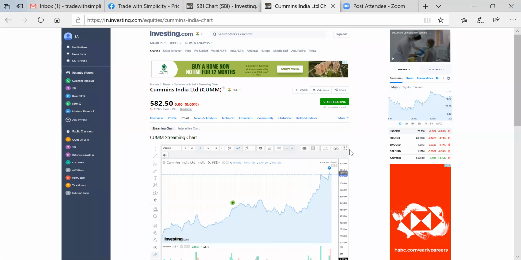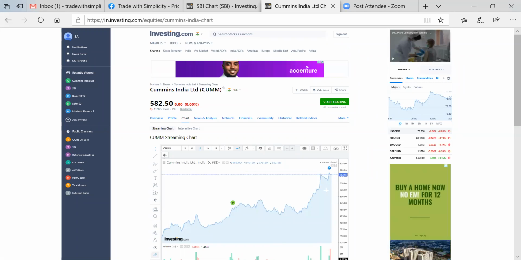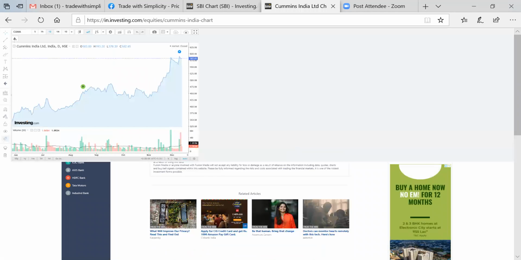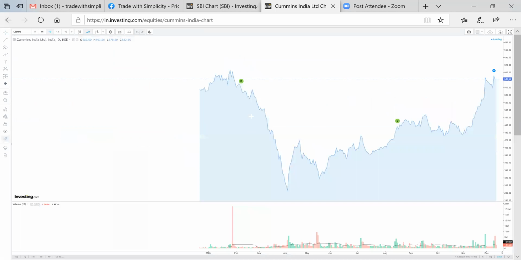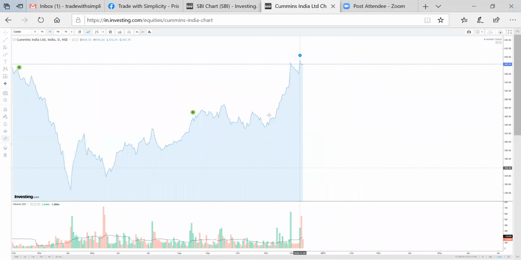Can you see investing.com? Say yes. Yes, investing.